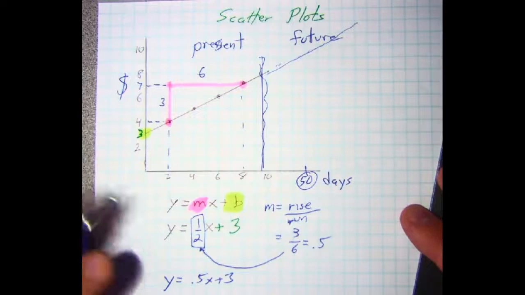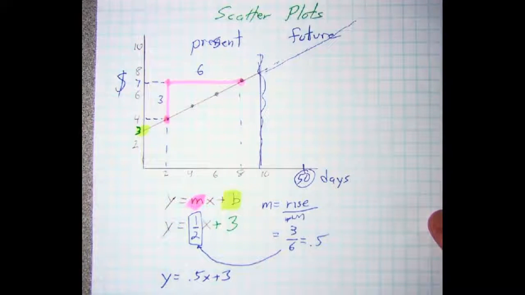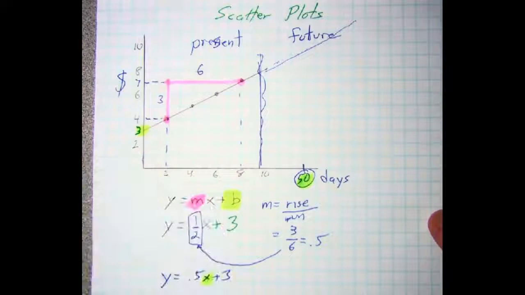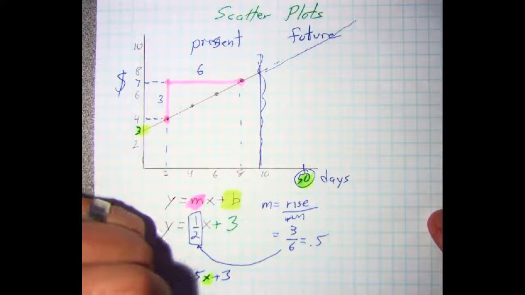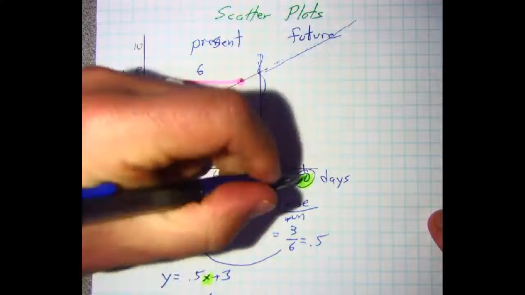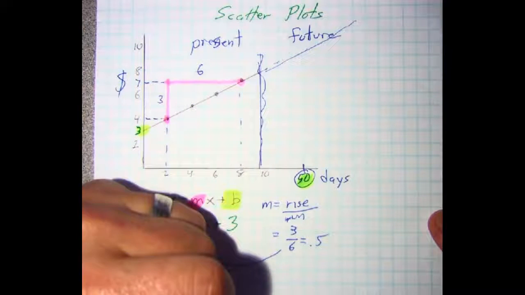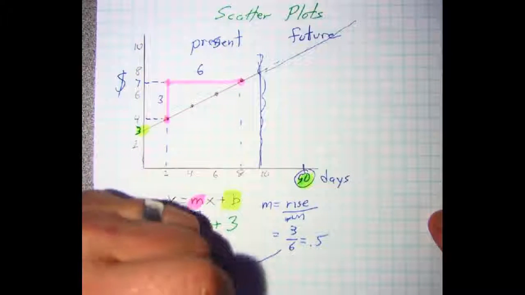Instead, we want to use our equation right here and plug in 50 for x, and that will allow us to predict what will happen down the line in the future. Okay. So I can just plug in 0.5 times my x, 50, and then plus 3.